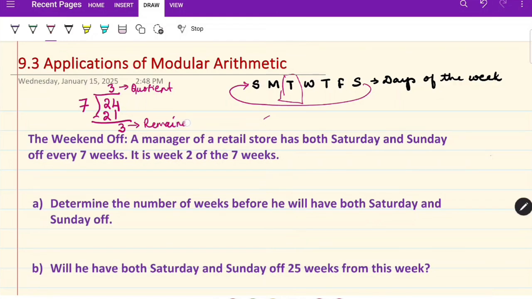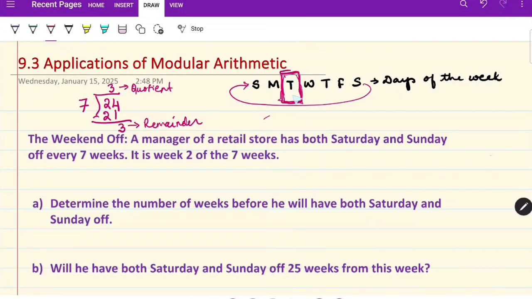What does the quotient and remainder tell us, and how can we use this to answer questions of clock arithmetic, so to speak? The quotient tells us how many cycles you would need to run to come back to the day that you started from.